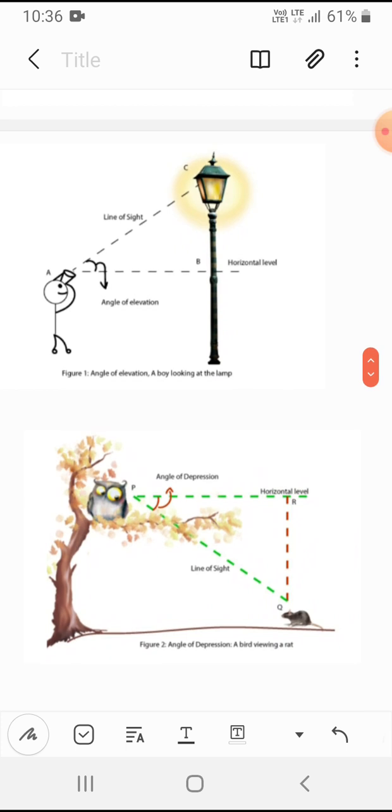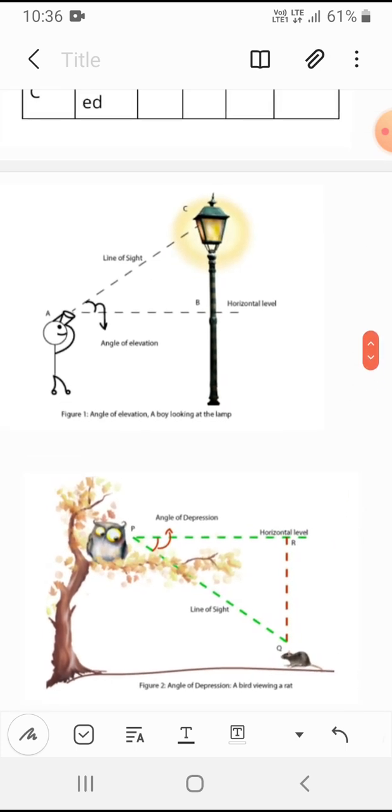This is angle of elevation if you are seeing from down to up, and if you are seeing from up to down, from any first or second floor, at some object below, then we can say it is angle of depression. Or if you are seeing a building from down to up, then we call that angle of elevation. Like that you have to understand.